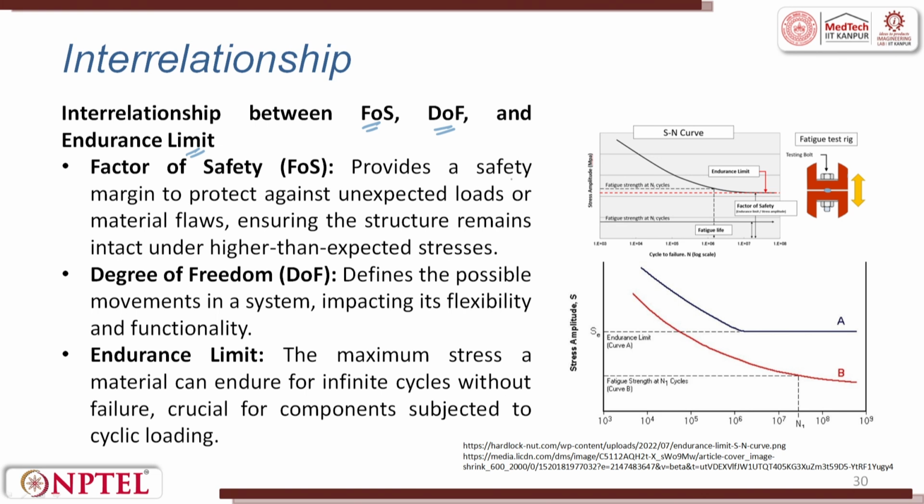FOS provides the factor of safety margin to protect against unexpected load or material flaw, ensuring the structure remains intact under a higher than expected stress. Degrees of freedom defines the possible movement in a system, impacting its flexibility and functionality. Endurance limit is the maximum stress a material can endure for infinite cycles without failure.